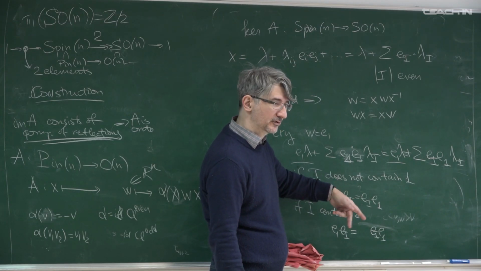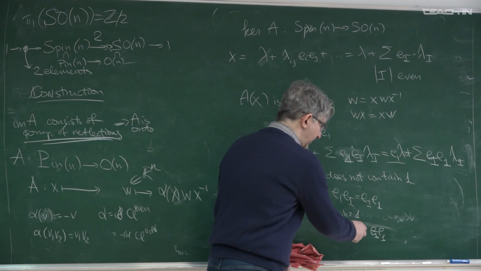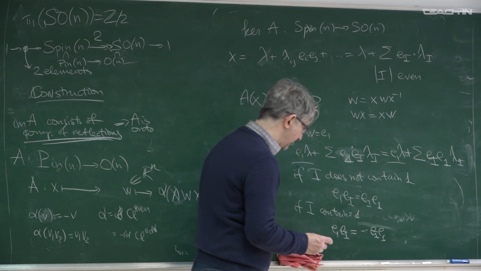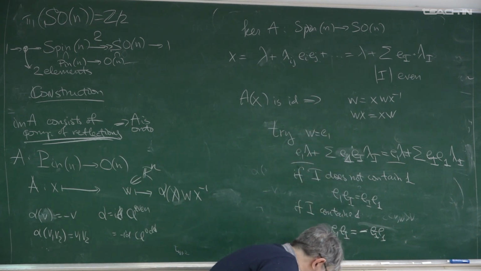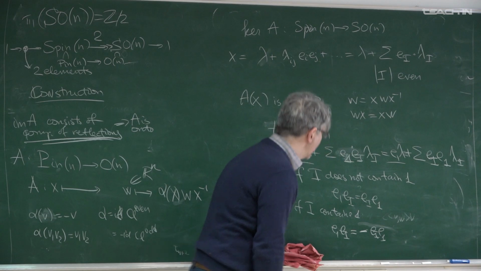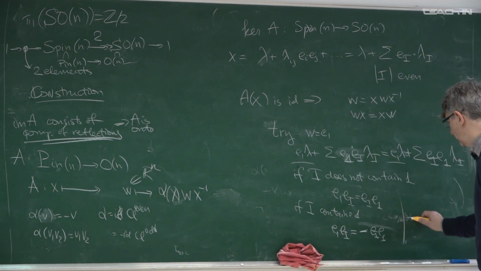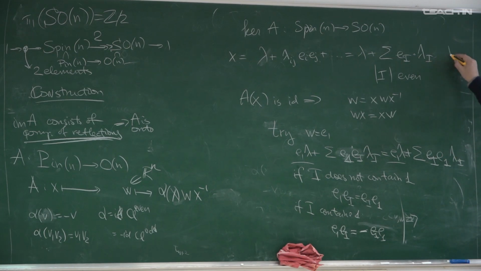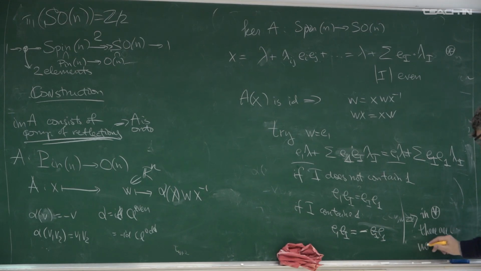If you interchange the order, no sign appears, so this term has different signs. From this it follows that in this sum there are no I with 1 belonging to this I. So this collection of multi-indices cannot contain 1.